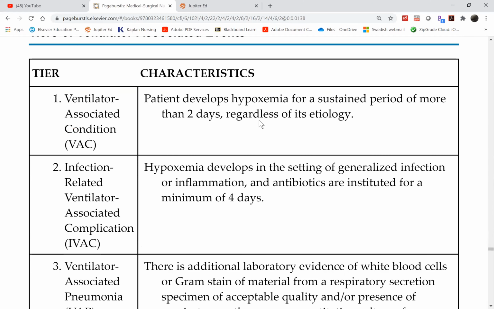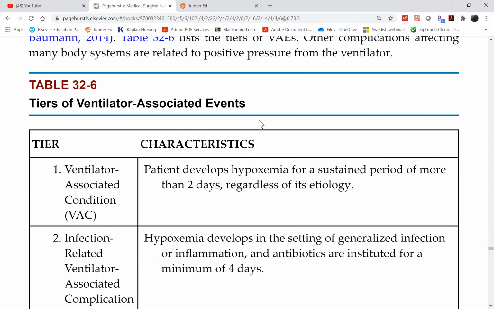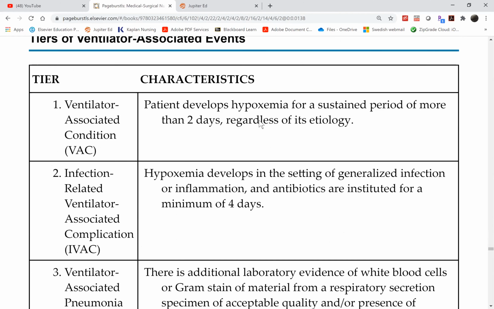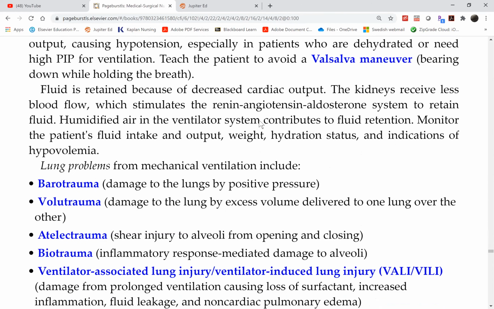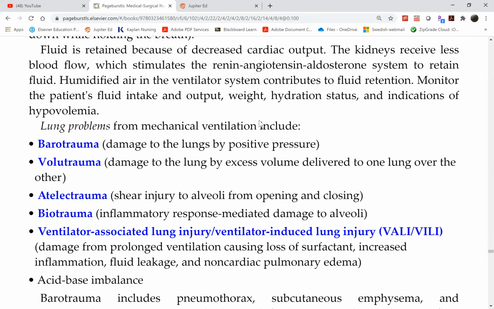Complications now. I won't test table 32-6. I'll test this part right here. These are your common mechanical ventilation lung problems. Baro means pressure, so that's pressure trauma.